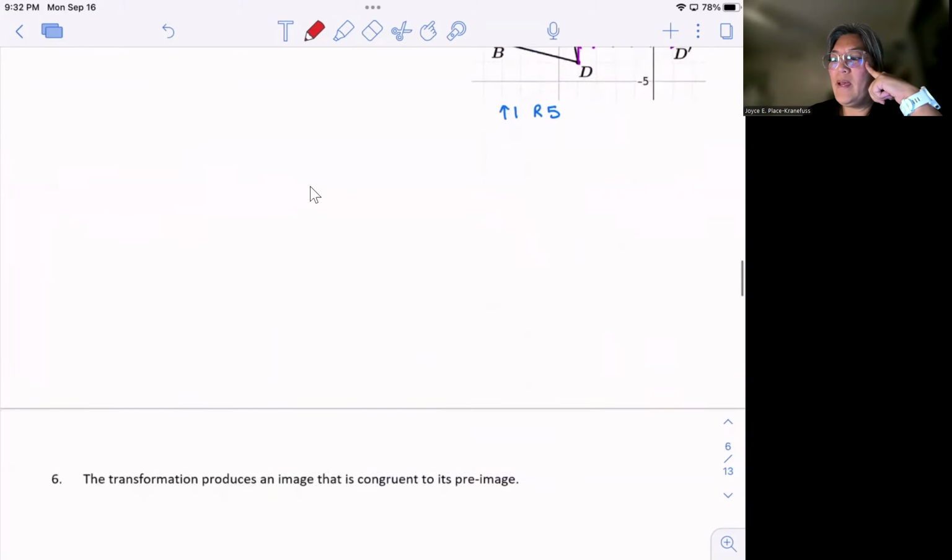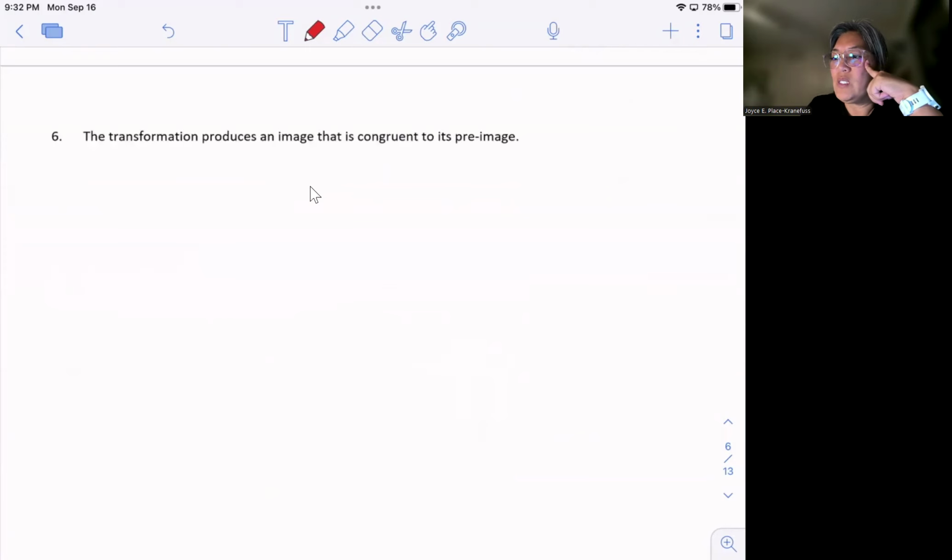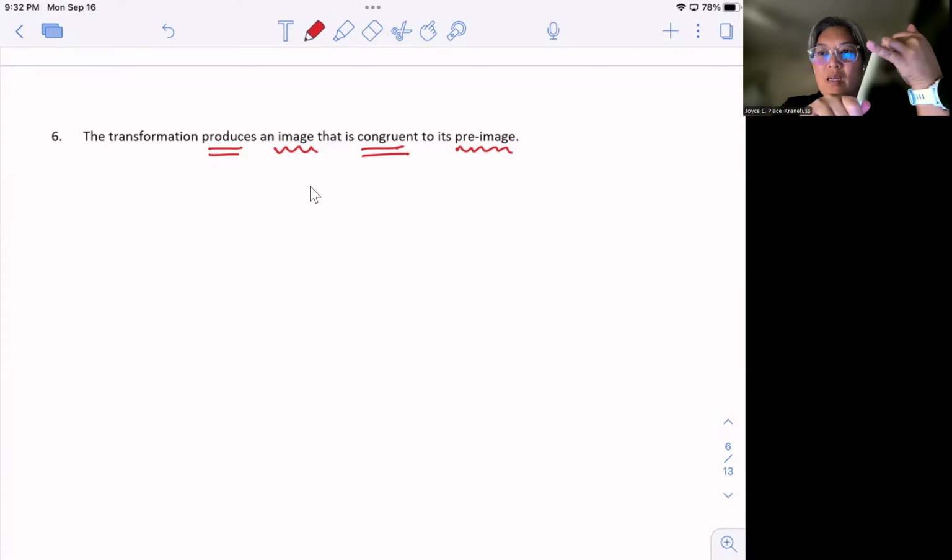Now, which transformation produces an image that is congruent to its pre-image? So we move it. So we either translate it and the image and the pre-image are the same. That's what congruent means.